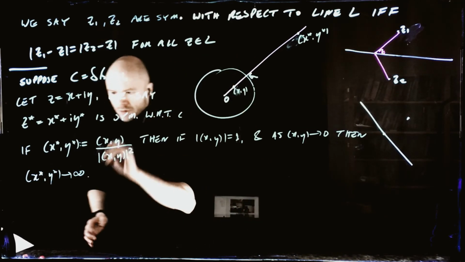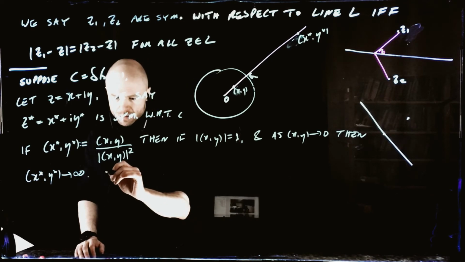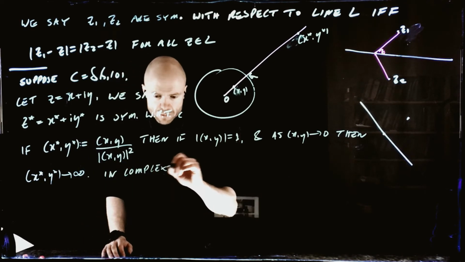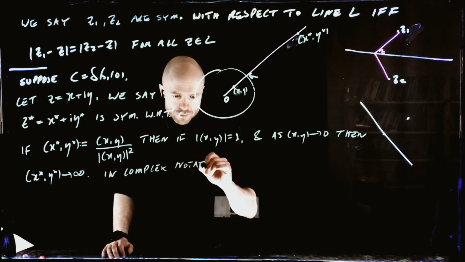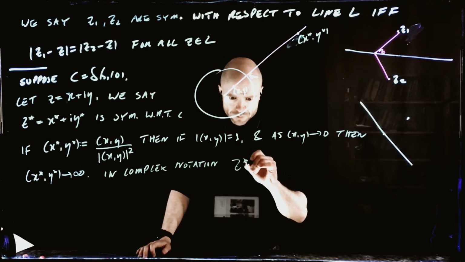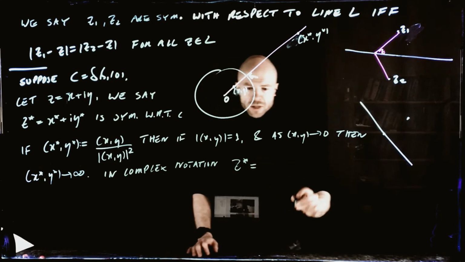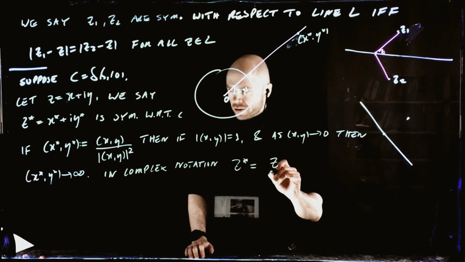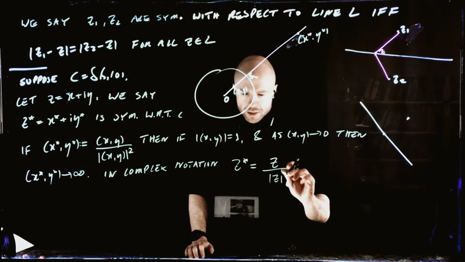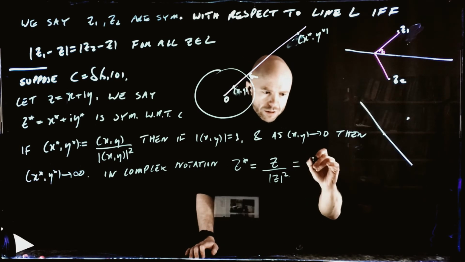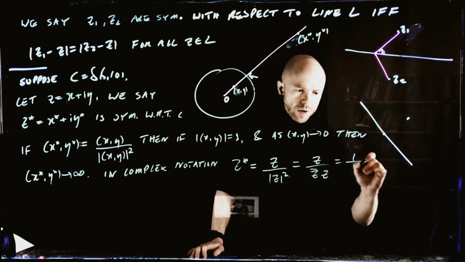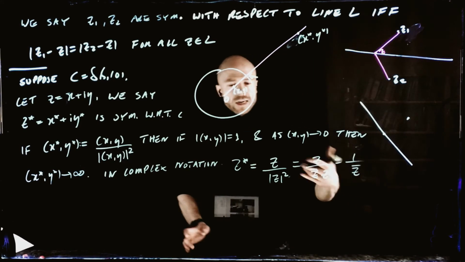So, in complex notation, we're going to write z star is going to be equal to z over mod z squared, like this, right? Which is the same as z over z complex conjugate z. So 1 over complex conjugate is actually doing exactly the thing that we want.